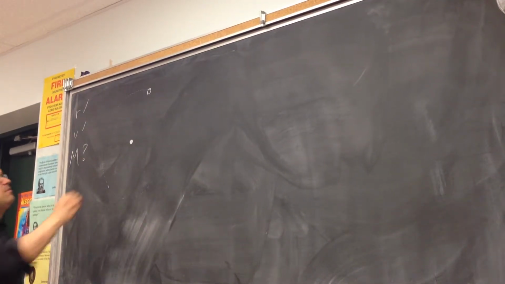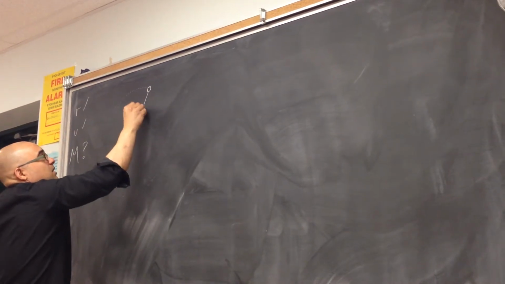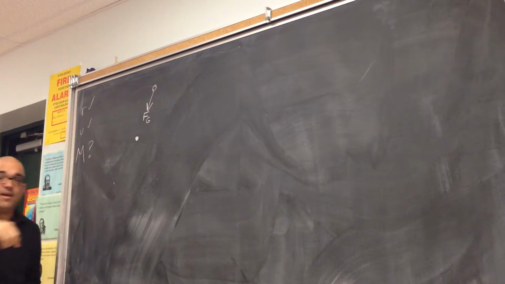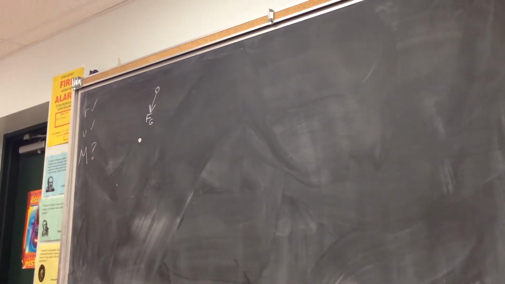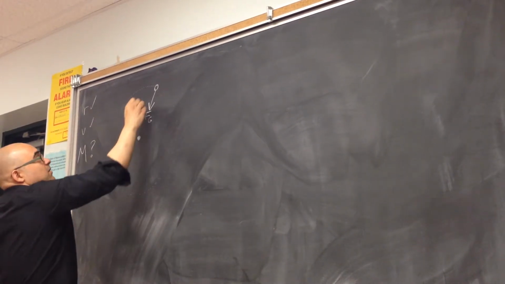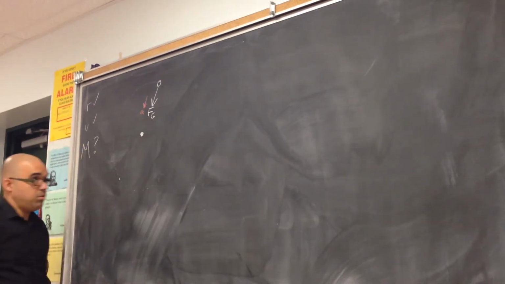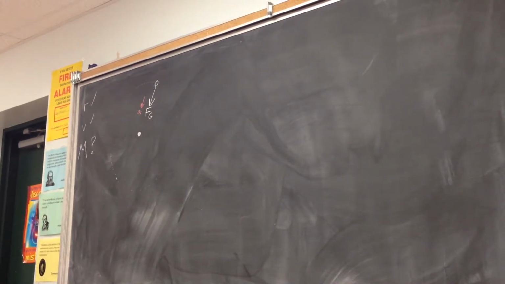Now, because it's moving in uniform circular motion, there must be some centripetal force. The centripetal force, obviously, in this case, is gravity, and we'll compute it using universal gravitation. So I'm going to put a big G on there, just to remind myself that it's universal gravitation I'm talking about here. And we've got an acceleration vector, which is centripetal, and pointing towards the center of the black hole.